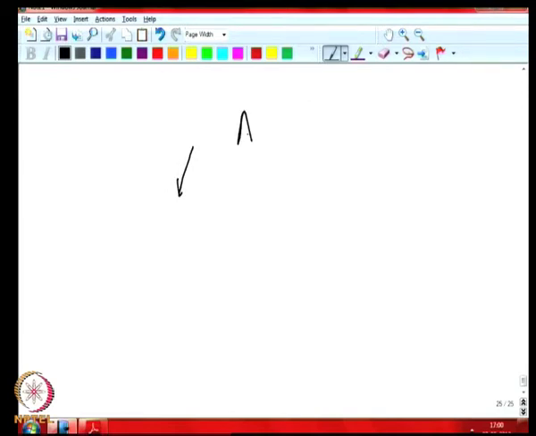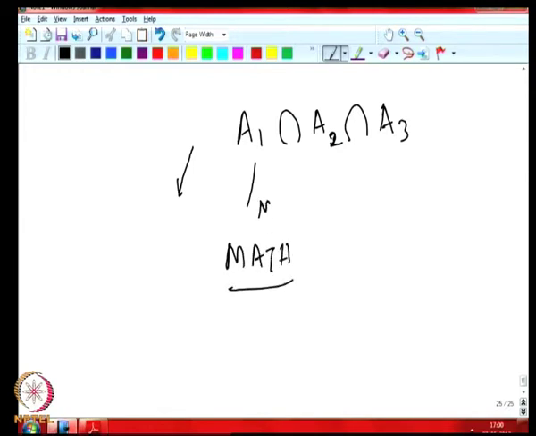That means math should come consecutively, so this we can take as m dash, is should come consecutively, so the I dash, and then fun should come consecutively.